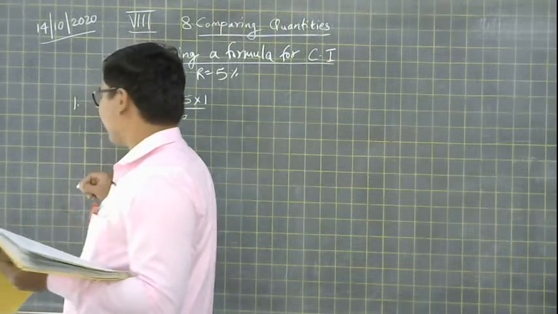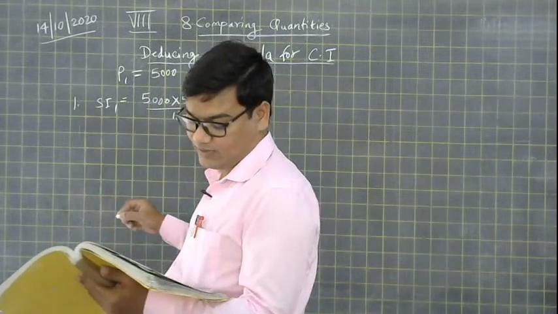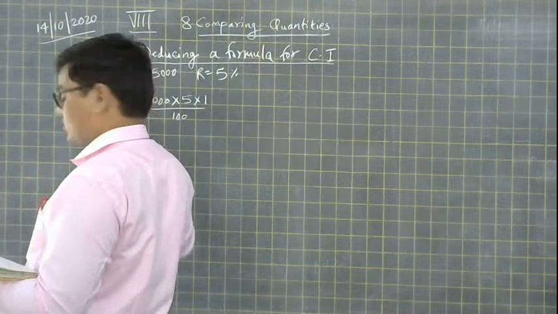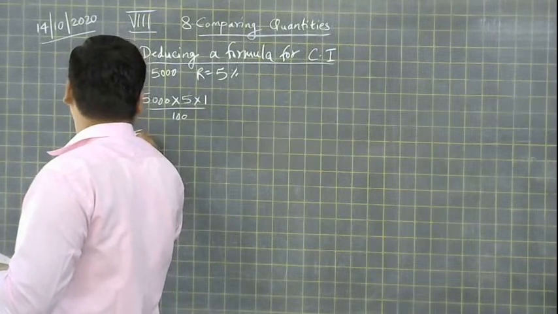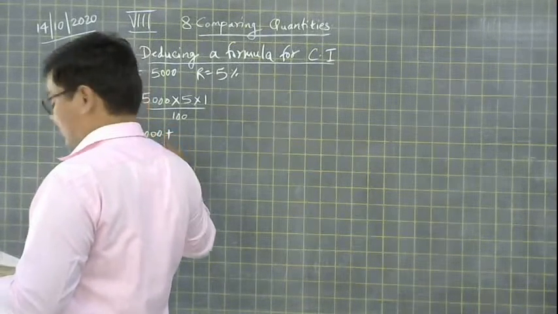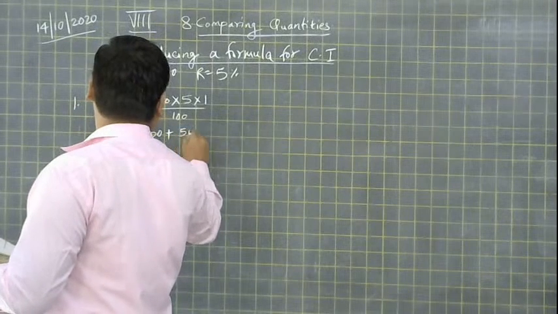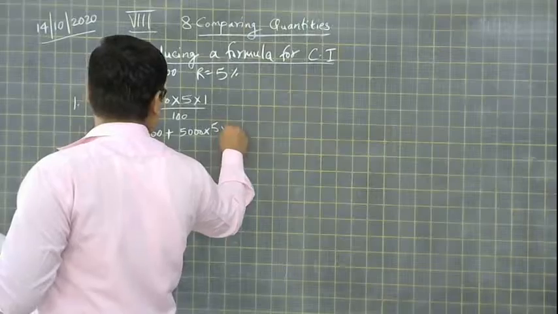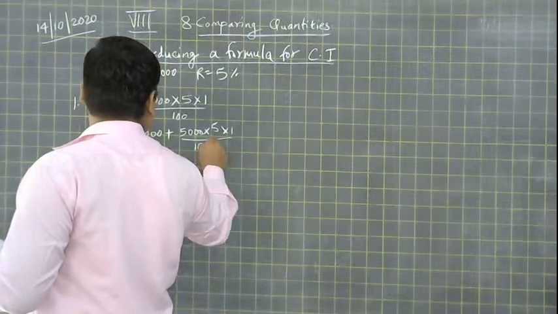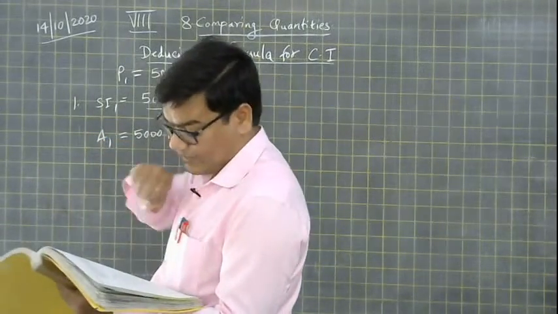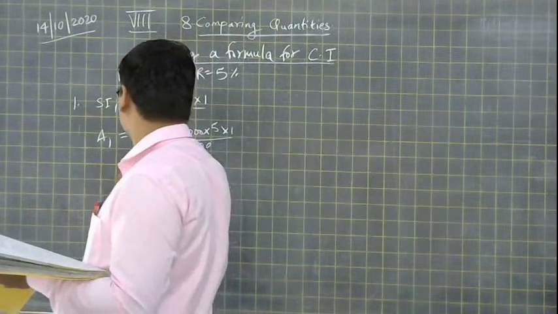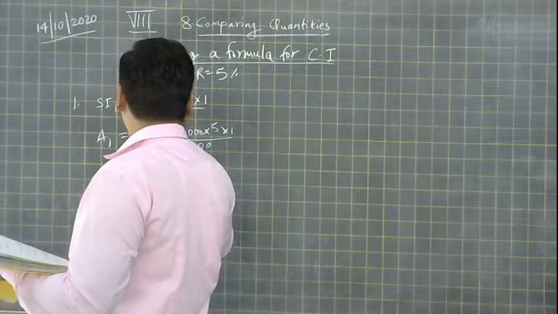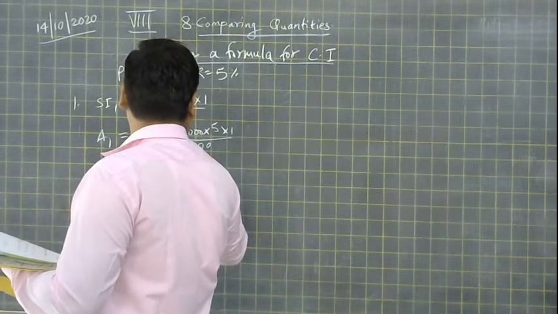Now A1, the amount to be paid or received after year 1, is equal to 5,000 plus 5,000 into 5 into 1 upon 100. So we can take the 5,000 common. We have taken 5,000 out, then 1 plus 5 upon 100.